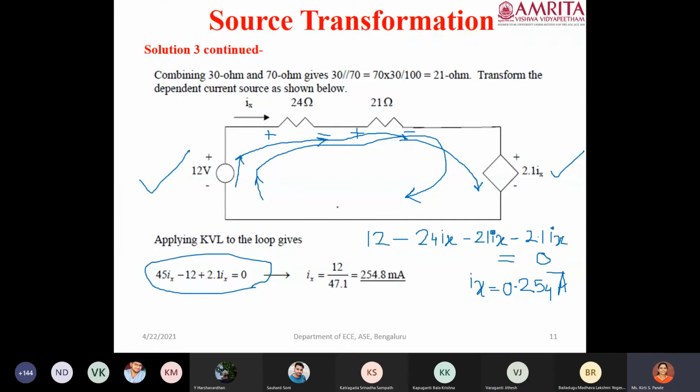Now what have you got? If I had used the initial convention, like minus 12 plus 24 Ix plus 21 Ix plus 2.1 Ix, even then I am getting the same equation and same value, or not? 254.8 milliamperes means 0.254 amperes, correct?